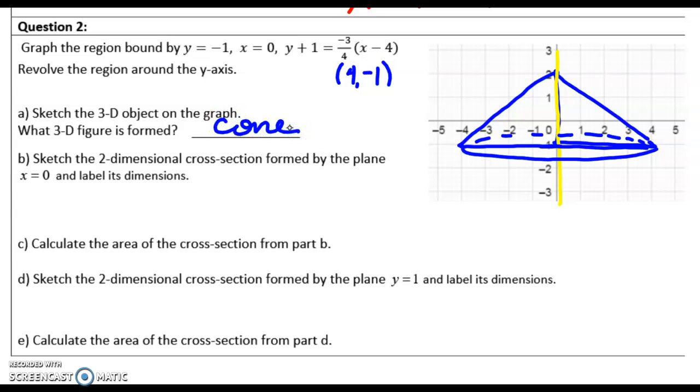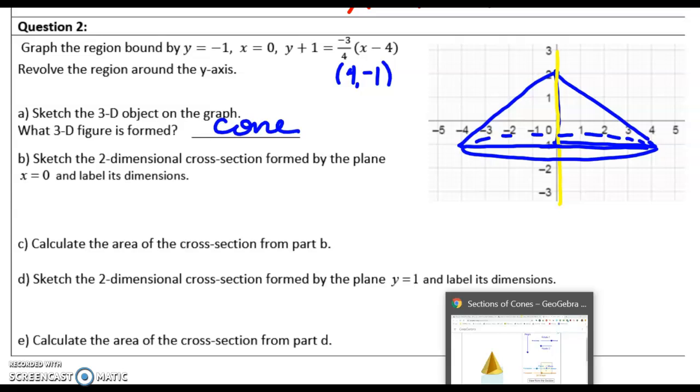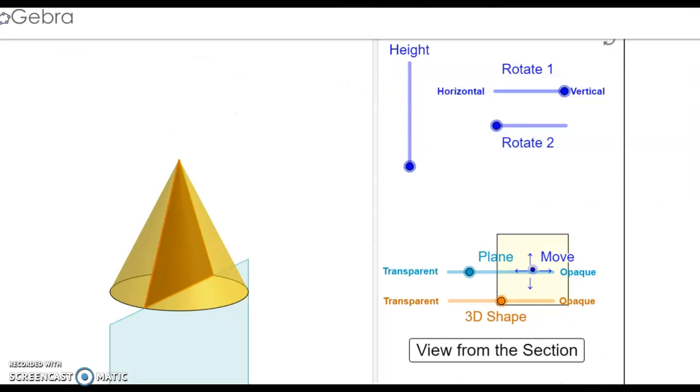It does ask us to find the cross-section. So if you can imagine you have a cone, you're taking a plane, so like a piece of paper, and you're going to actually insert that plane at x equals 0, which is actually this yellow line right here. So you're putting a plane in at that yellow line. Okay? Now, what you want to think about is right here.